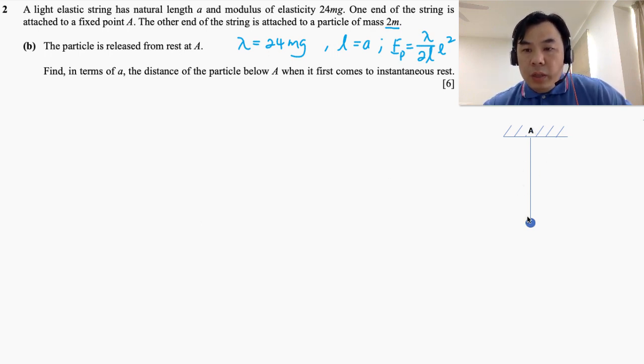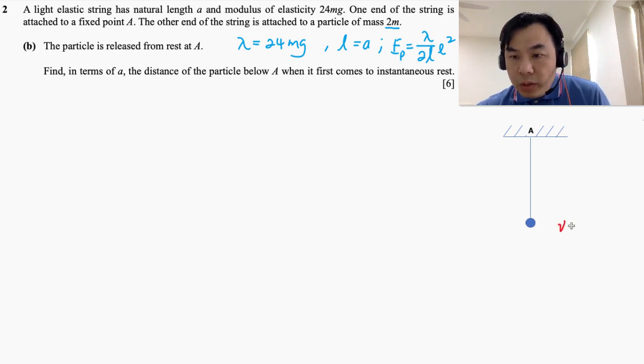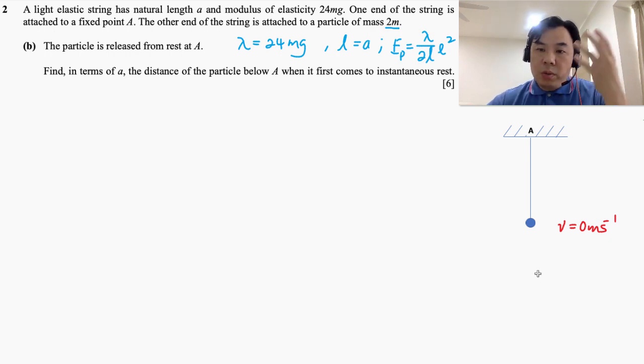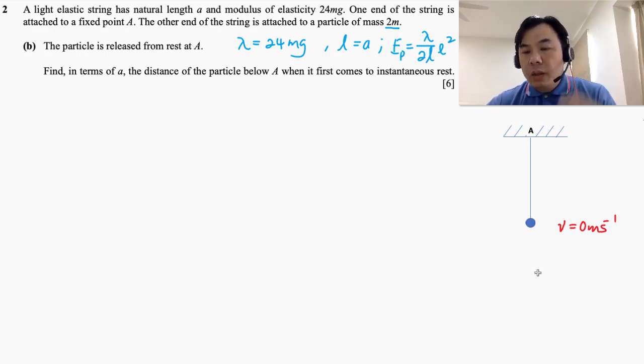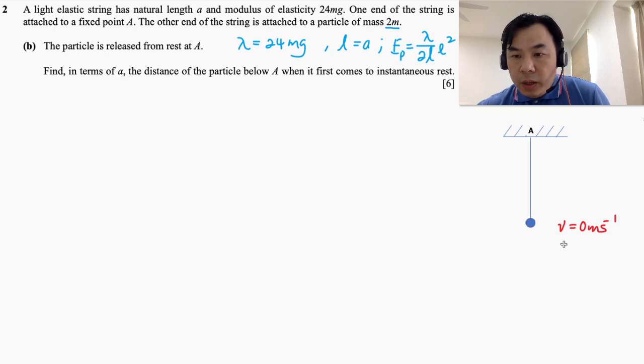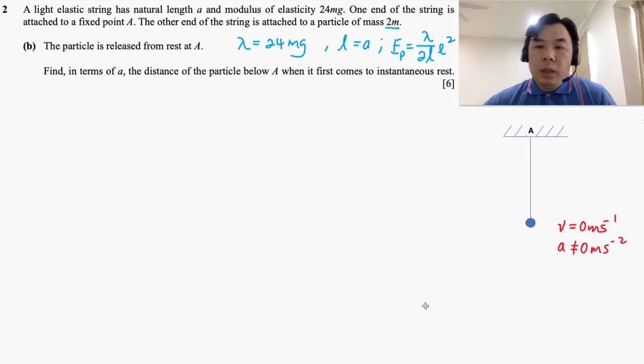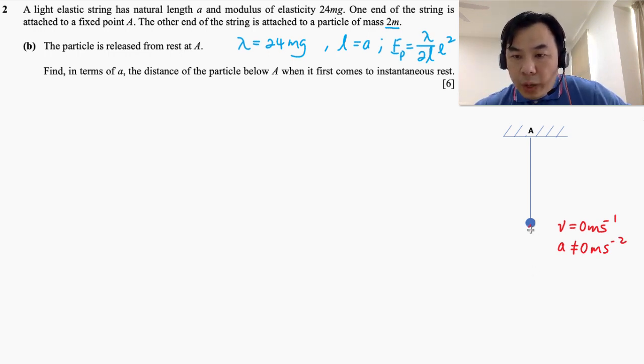When you reach instantaneous rest, you have to be very clear. Instantaneous rest means velocity is momentarily zero, momentarily, because it's going to bounce up. It's going to retract in the opposite direction again. But bear in mind, acceleration is not equal to zero. We will still have the weight here, so I label that one more time.